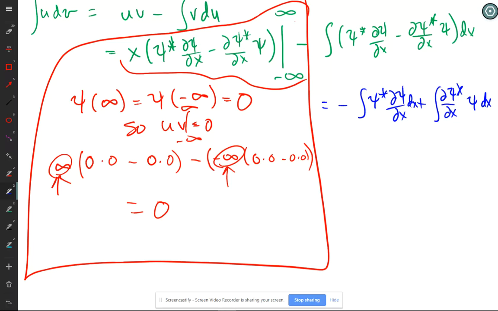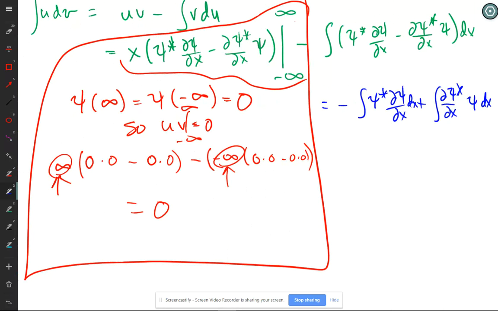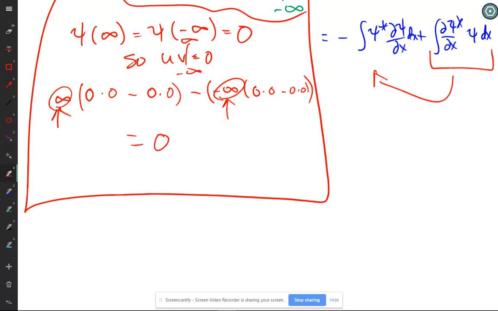And actually, I will only do an integration by parts of one of them. Why only one of them? Because if I do integration by parts of this one, it's going to give me that one. And so let's do that integration by parts.